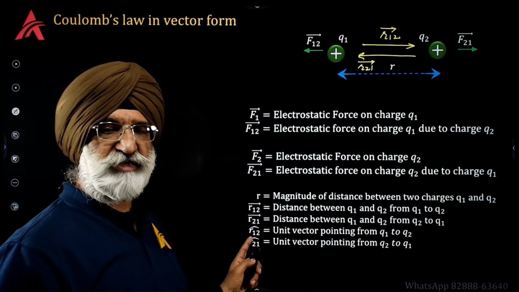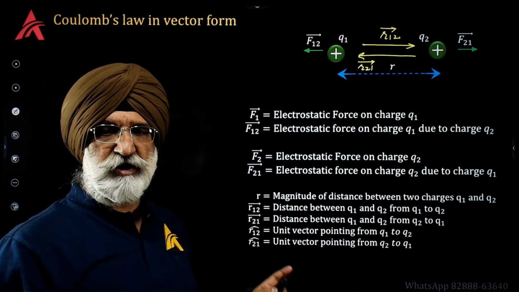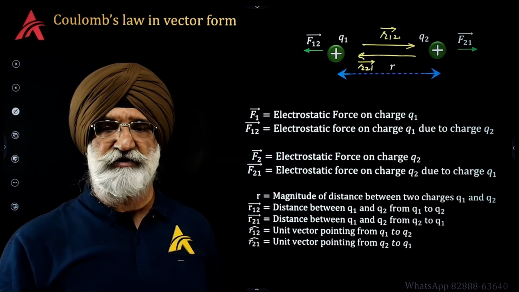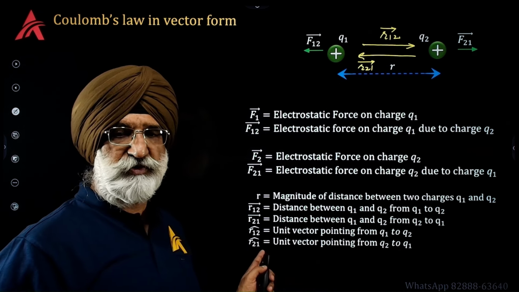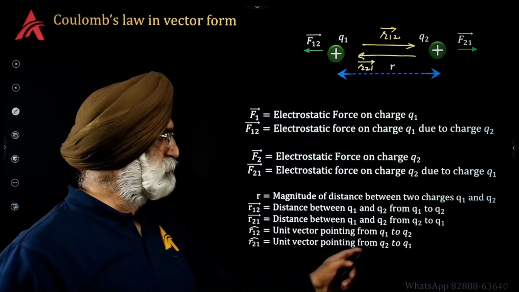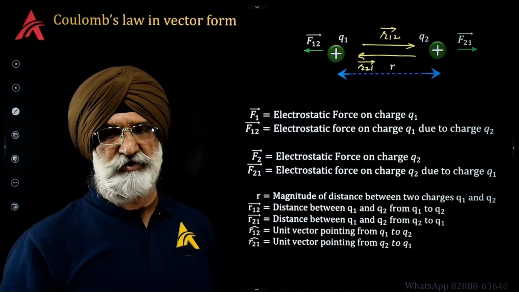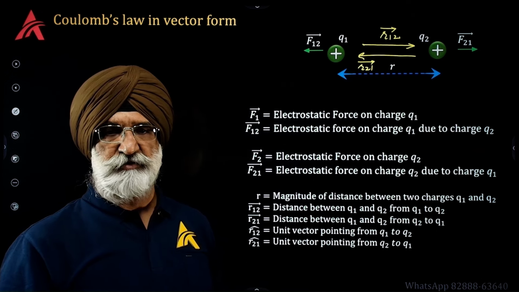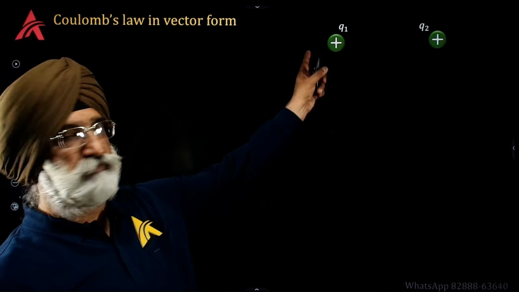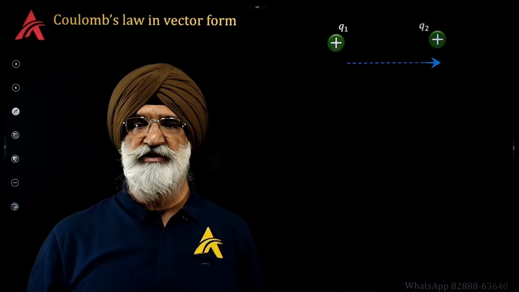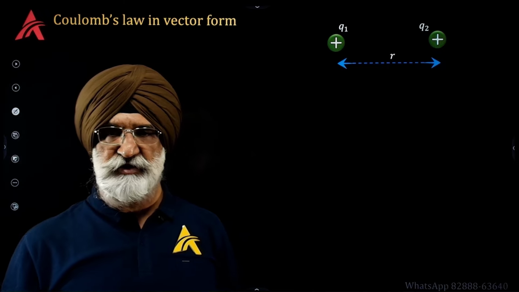Similarly, r12 cap is a unit vector pointing from Q1 to Q2, and r21 cap is a unit vector pointing from Q2 to Q1. Now again, let there be two charges Q1 and Q2 separated by a distance of r.